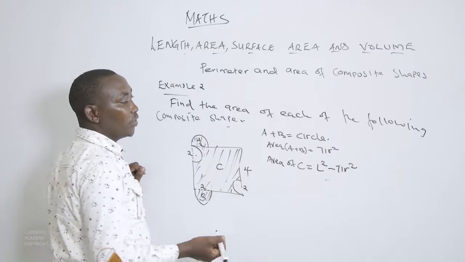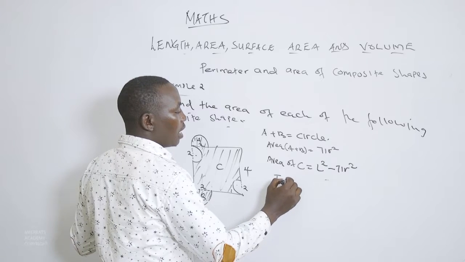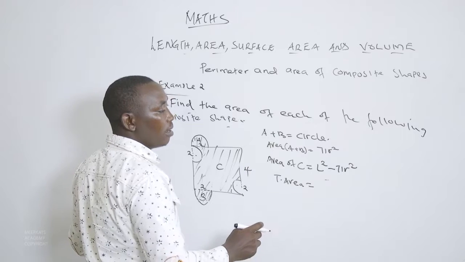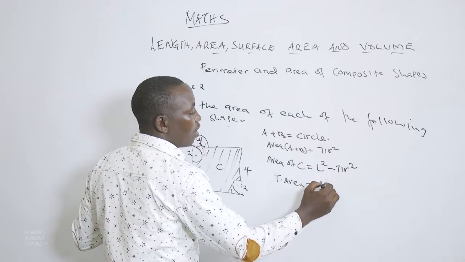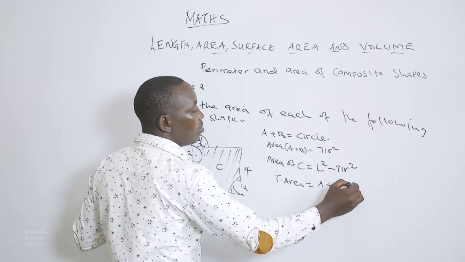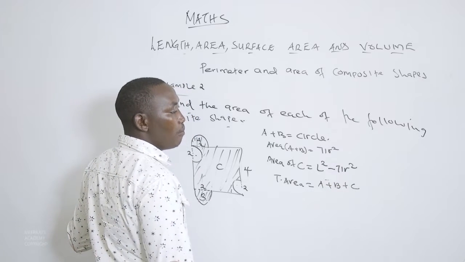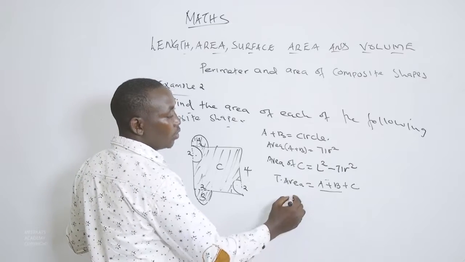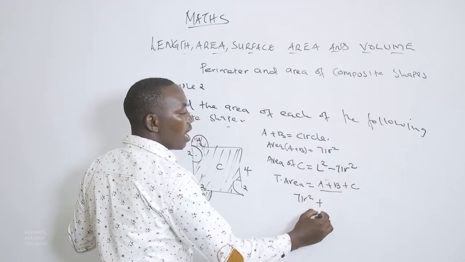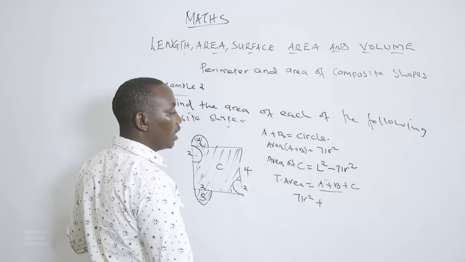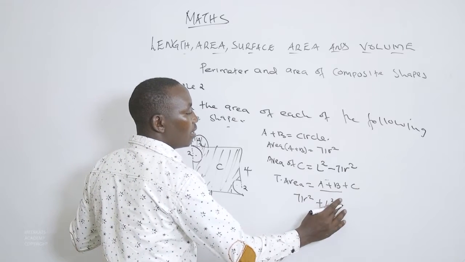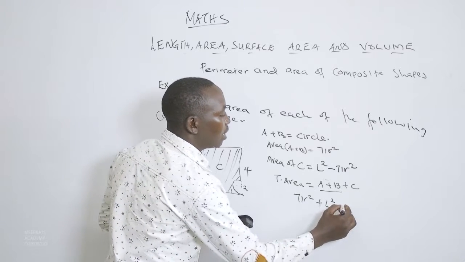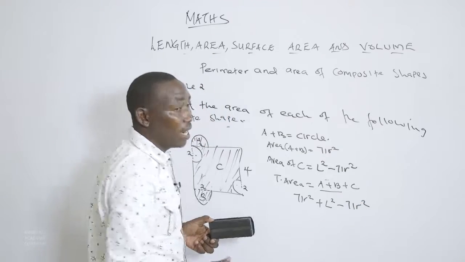So in this particular case, total area shall be the area of A and B plus C, that is area of A plus area of B plus area of C. But we already know that the area of A and B is pi r squared, so we shall have pi r squared added to the area of C, which is L squared, length squared, subtract pi r squared.